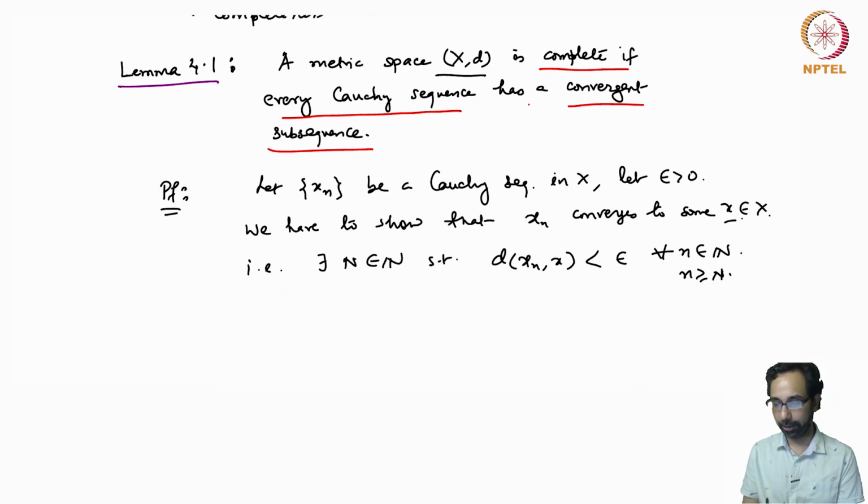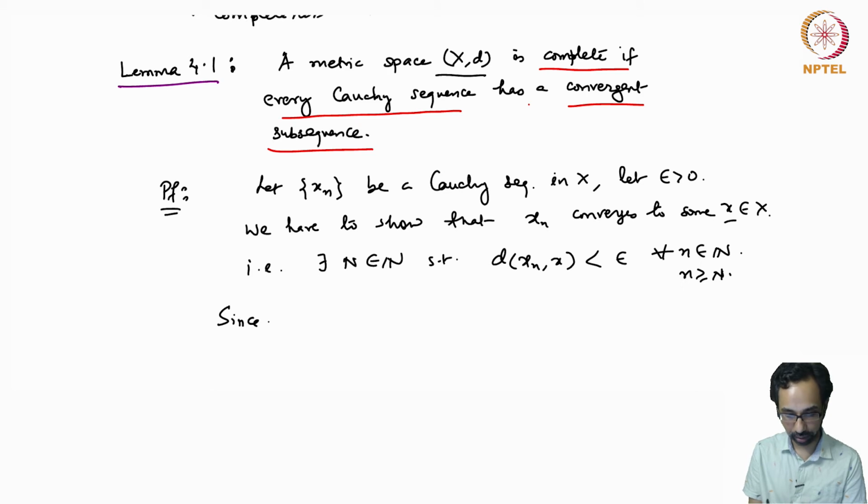So what is the candidate for this point x? Well, we have a convergent subsequence, and we will show that the point to which the subsequence converges is the required point x.